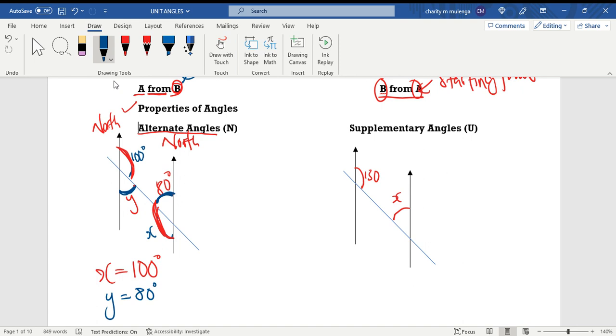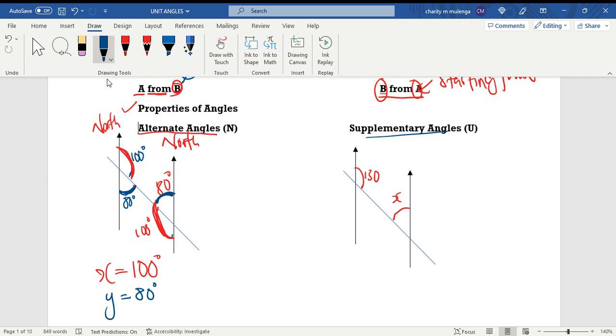So alternate angles are angles that form an N shape, in which the angles at the elbows are equal. So we have found x and y. In short, that is 100 degrees, that is 80 degrees.